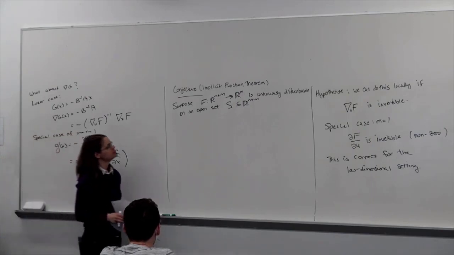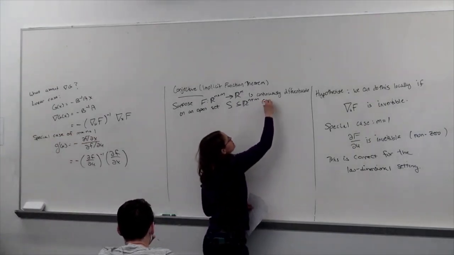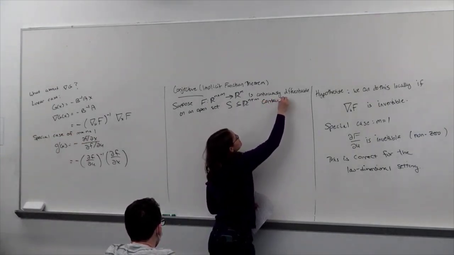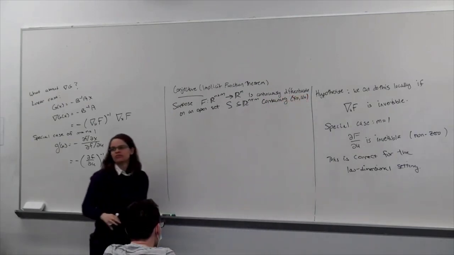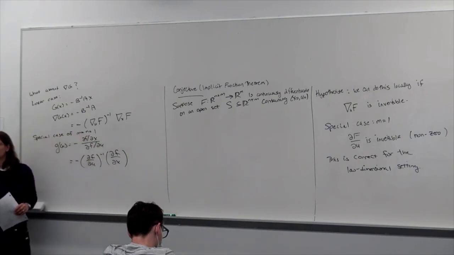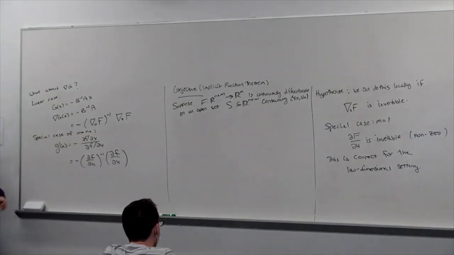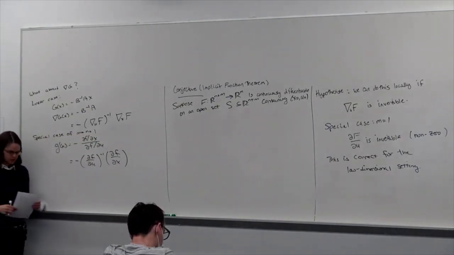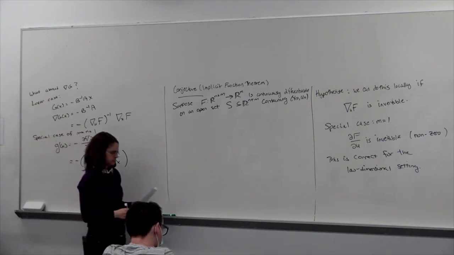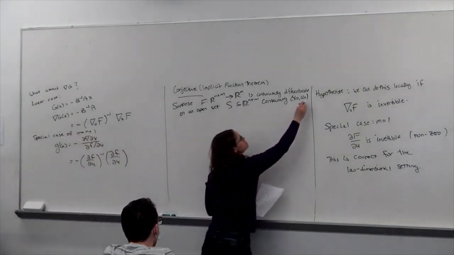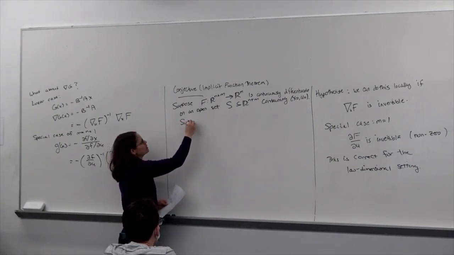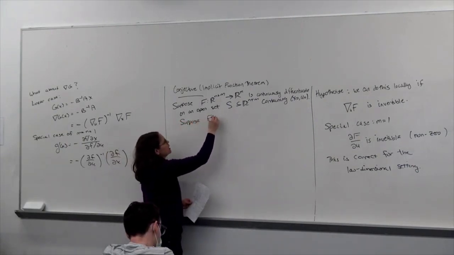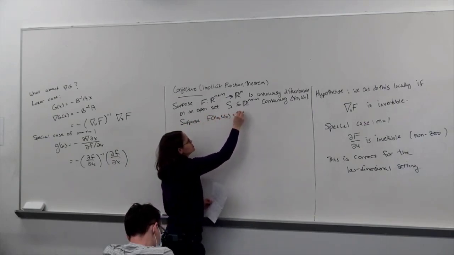So our open set contains this point (x naught, u naught), our starting point, and our starting point has to live on this manifold that we care about, the manifold where f is equal to 0. Okay, so we're going to suppose that f of (x naught, u naught) is equal to 0.